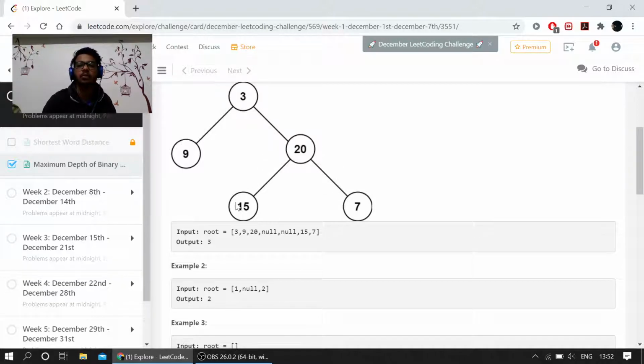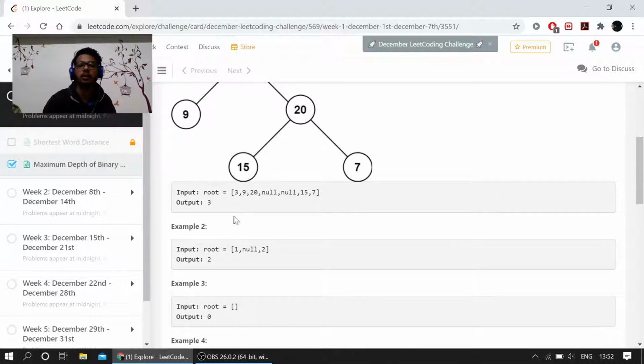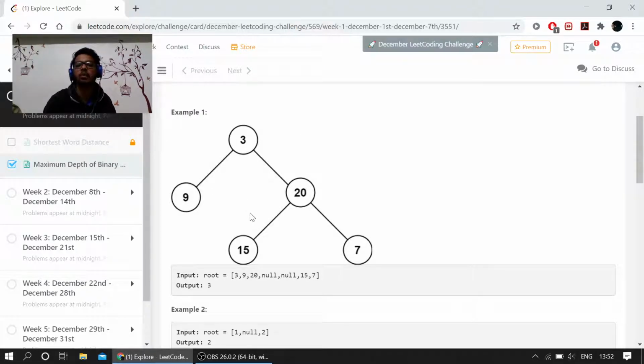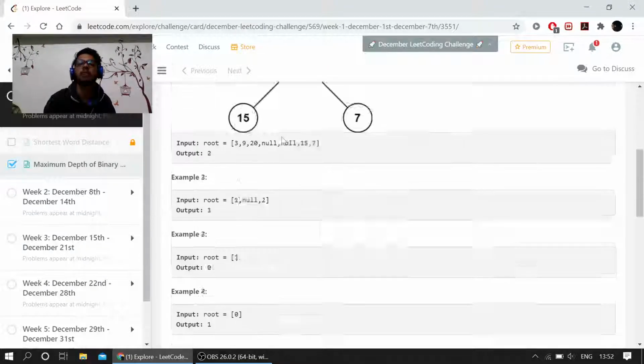As we go to its left, we again find, using the same thing, that it is 1 and it is also 1. Since both of them are equal, we increment y and return 2 here. Now x equals 1, y equals 2, the else part is true, and y becomes 3. Here we return 3.